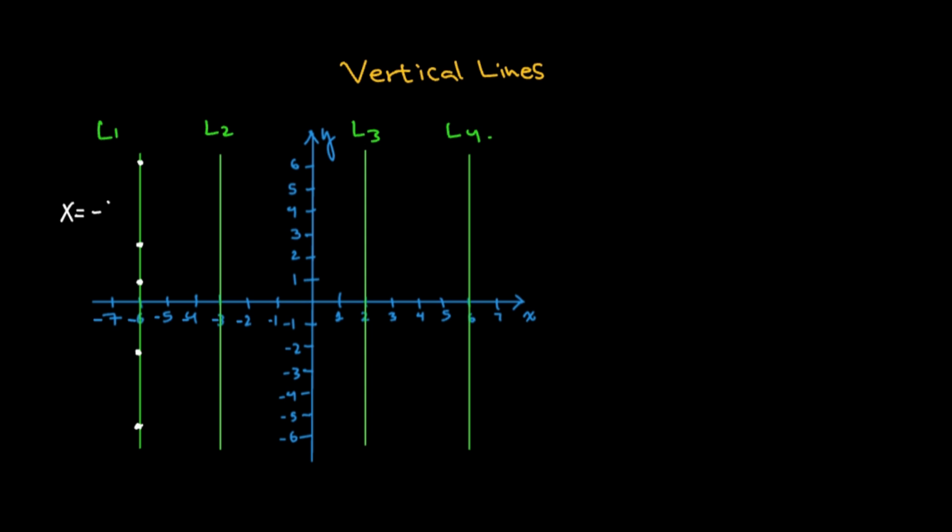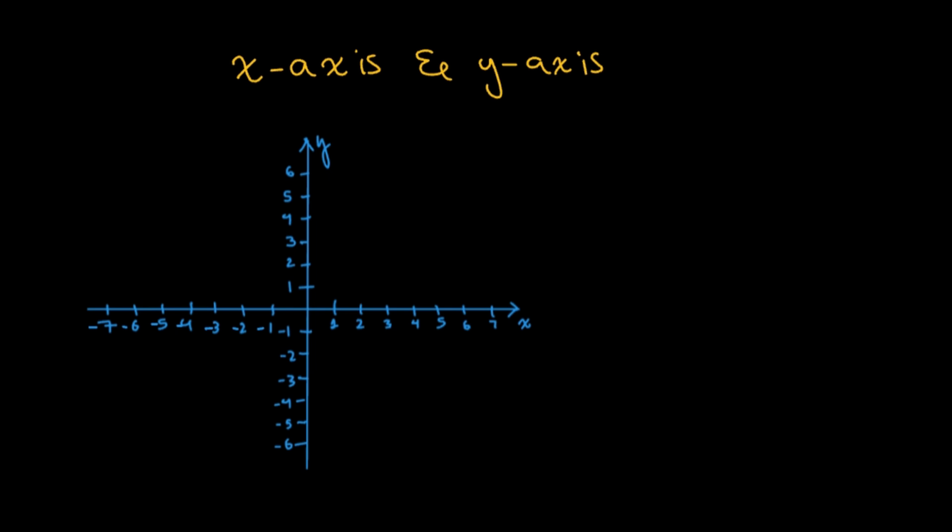So the equation of this line L1 is x equals -6. The equation of line L2 is x equals -3, since the x value on it always remains as -3: (-3, -3), (-3, 1), (-3, 6). And the equation of line L3 is x equals 2. And the equation of line L4 is x equals 6.